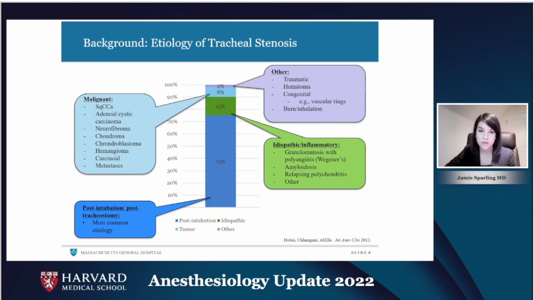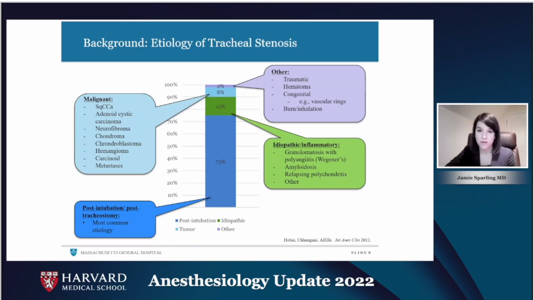Tracheal stenosis can also occur due to malignancy, and this represents about 8% of cases. This may occur as a primary tracheal malignancy, most commonly squamous cell carcinoma or adenoid cystic carcinoma, or less commonly, it may be narrowed by a metastasis from a distant primary.